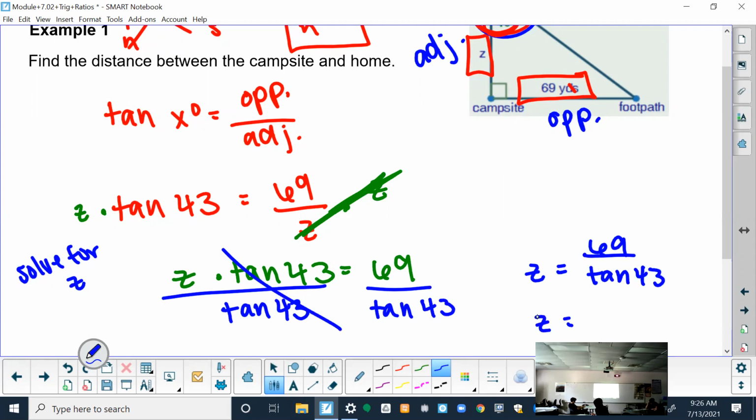So 69 divided by tangent 43. If you entered it the right way, I'll hold off on yelling it out, so you guys hold off on yelling it out.